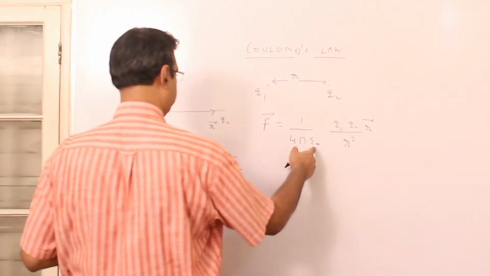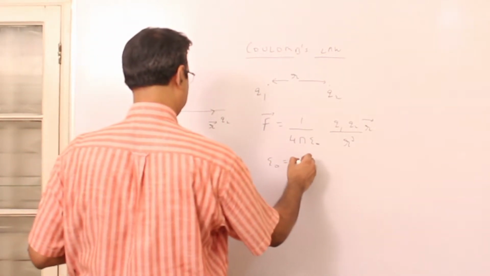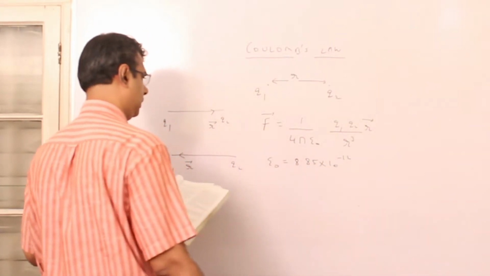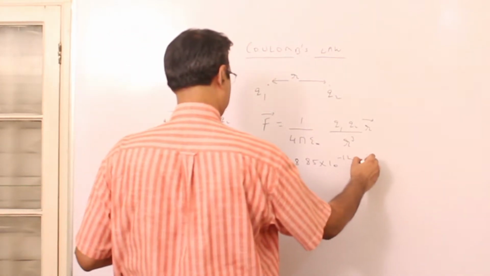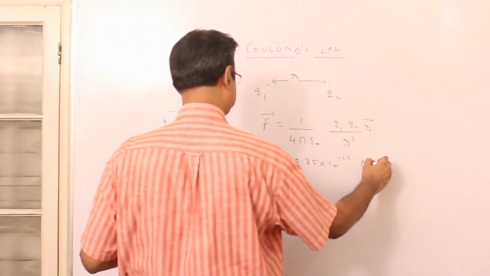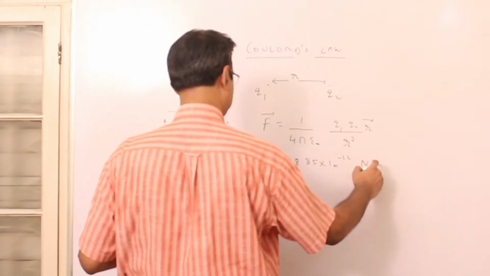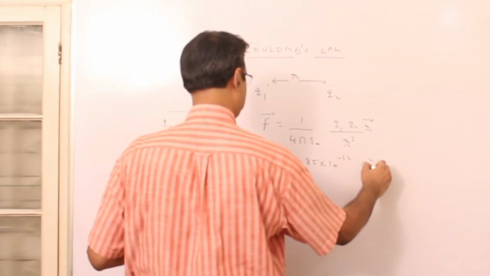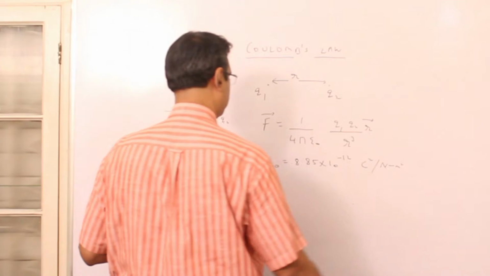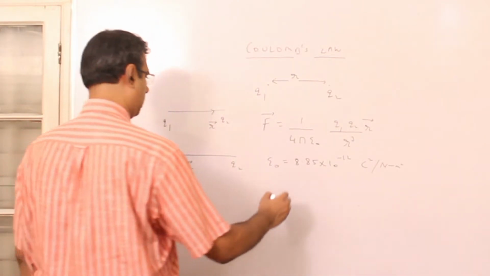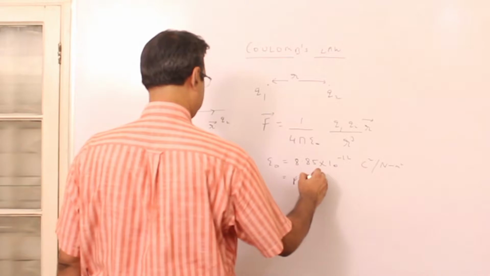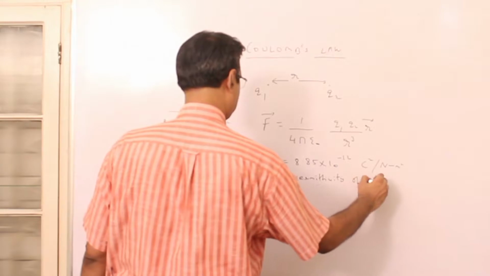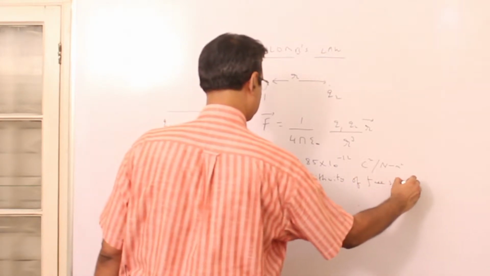So this equation is known as Coulomb's law. In this equation, we have used a constant epsilon naught. Its value is 8.85 into 10 to the power minus 12 Coulomb square per Newton meter square. Now epsilon naught is called permittivity of free space.